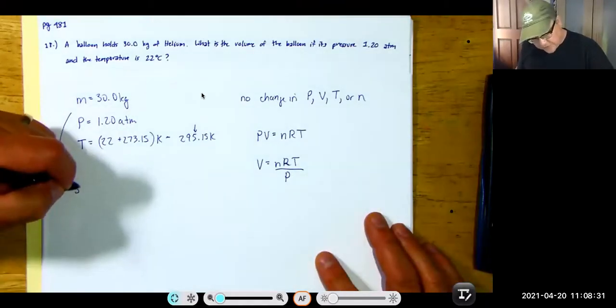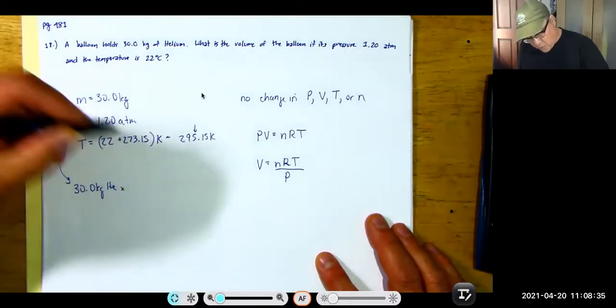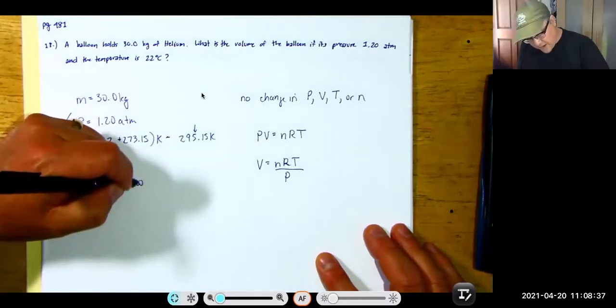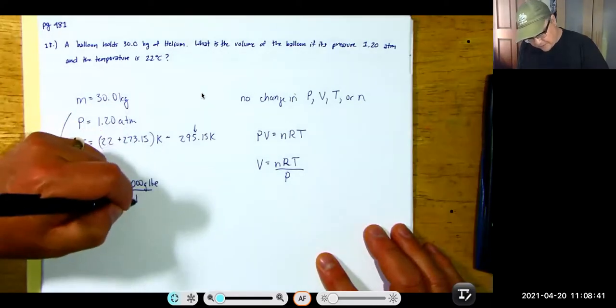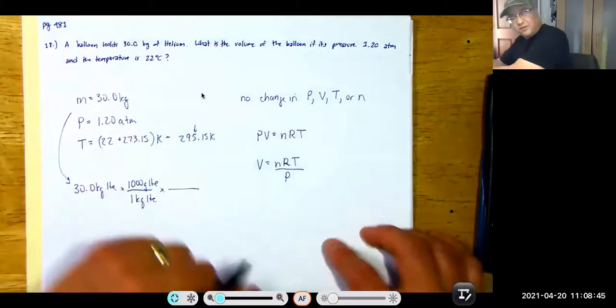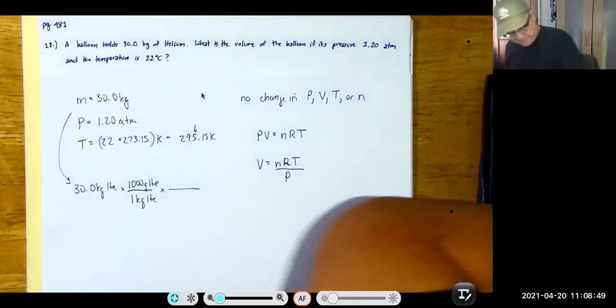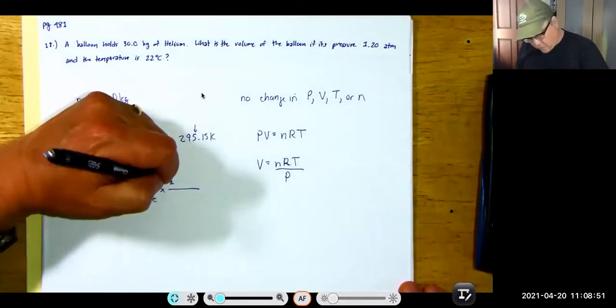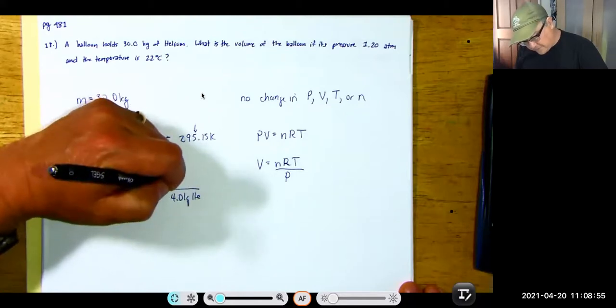So we've got 30.0 kilograms of helium times 1,000 grams of helium per 1 kilogram of helium, and then times 4.01 grams of helium per 1 mole of helium.